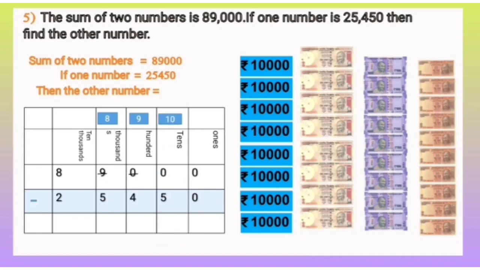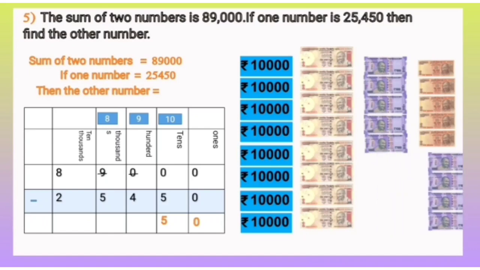So now on subtraction, as 0 ones are there, we will write 0 in ones column. Now we'll remove 5 tens. Now since 5 notes are remaining, we'll write 5 in tens column. Now same, we'll remove 400 rupee notes because we have to subtract 4 from 9. So on subtracting 4 notes, 5 are remaining, so we'll write 5 in hundreds column.